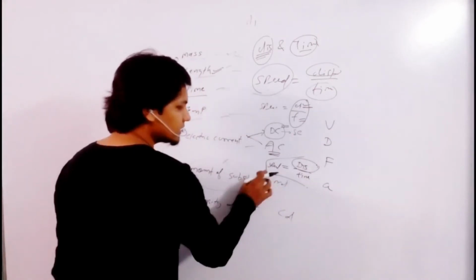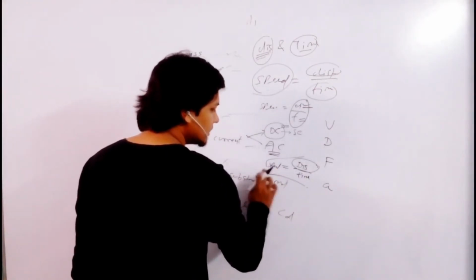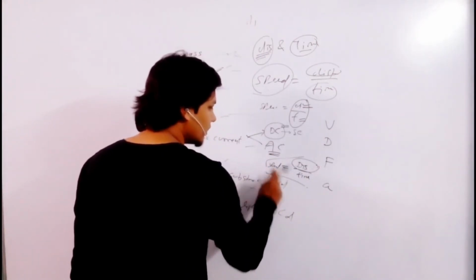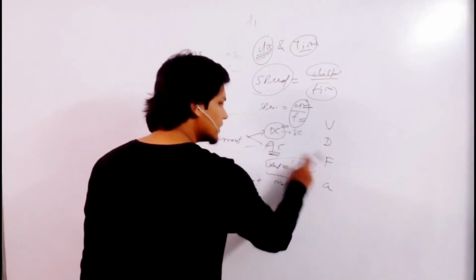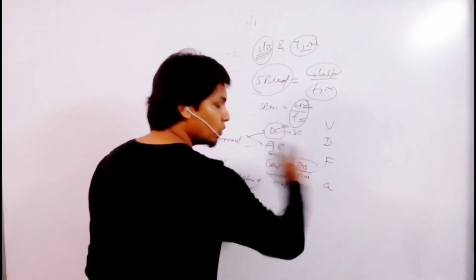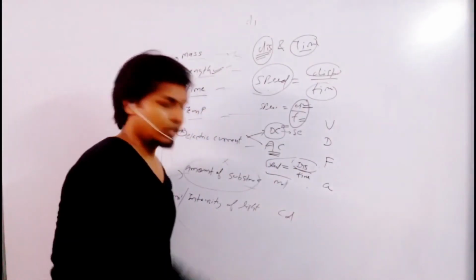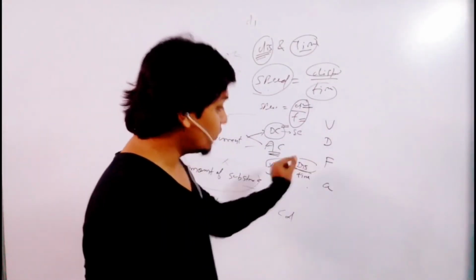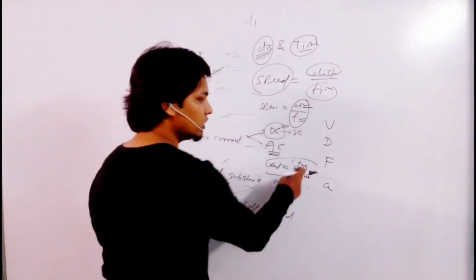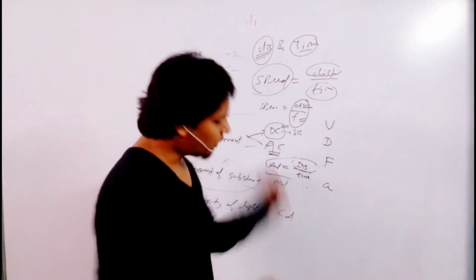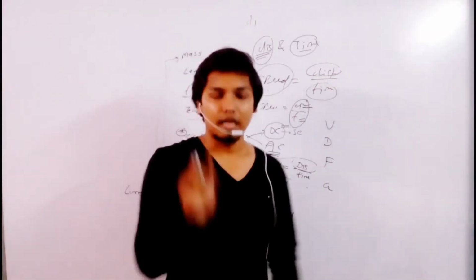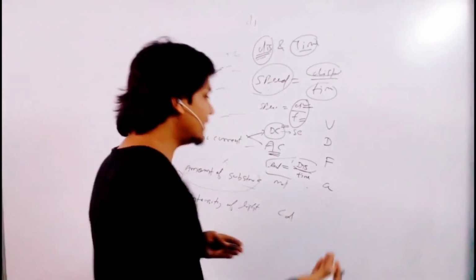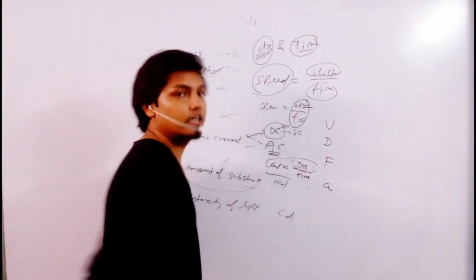So the left hand side is our derived quantity, and this derived quantity will be scalar or vector, it depends. If we are using everything as a scalar quantity, then no doubt the left side is also scalar. But if on the right side we are using one vector quantity, only one, then no doubt the left side will also be a vector quantity. Now what will happen if I am using more than one vector quantity here?